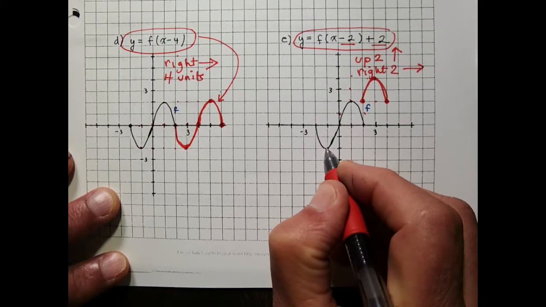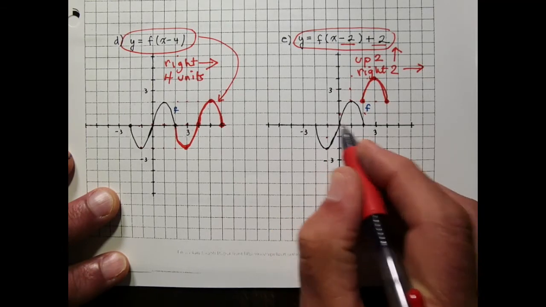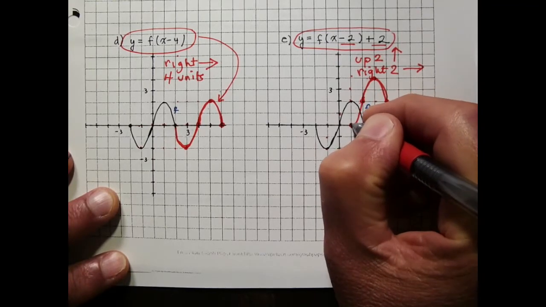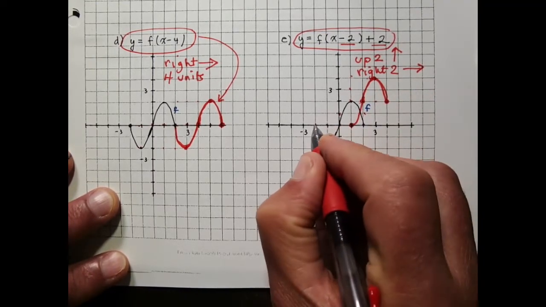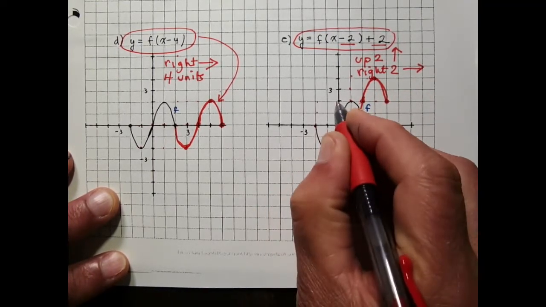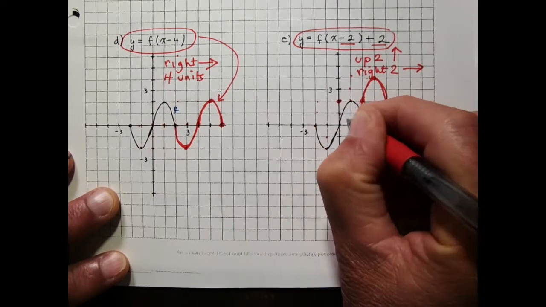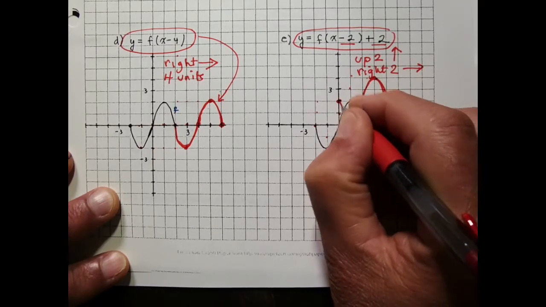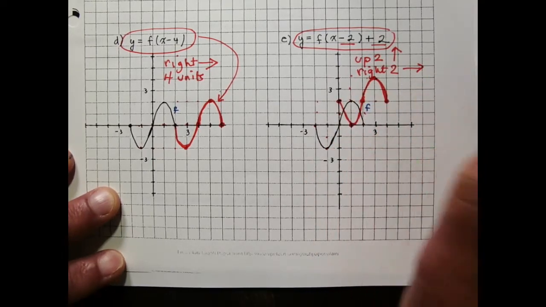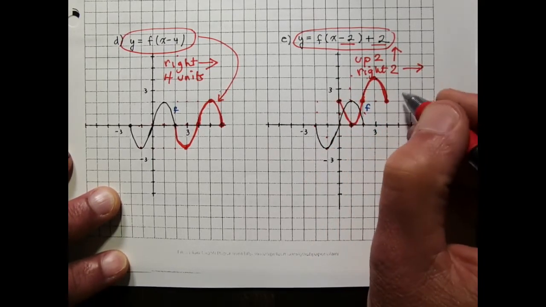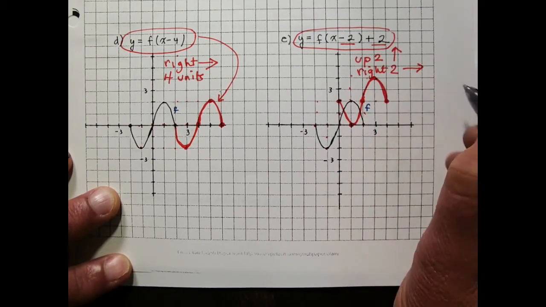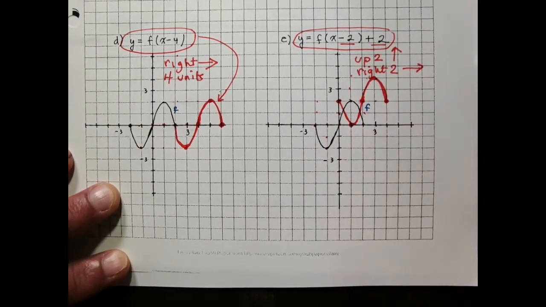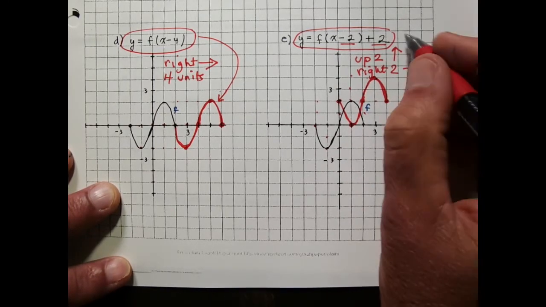This point, I'm going to go up 2 to the right 2. So we're coming down to there. This point at this end, I'm going to go up 2 to the right 2. So when you have several transformations, it can get a little bit tricky guessing what happened when you see the final picture, because the transformations are all mixed up.